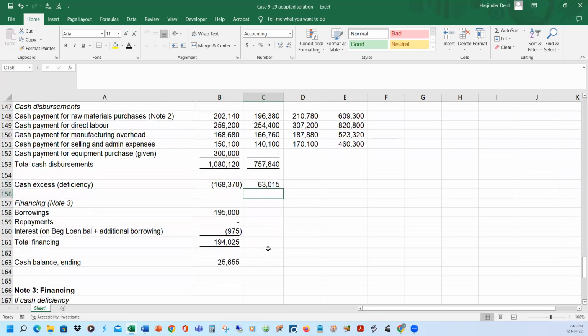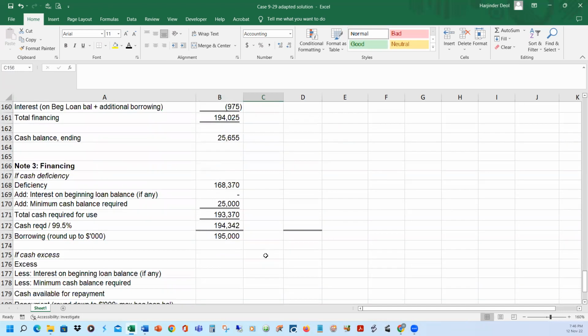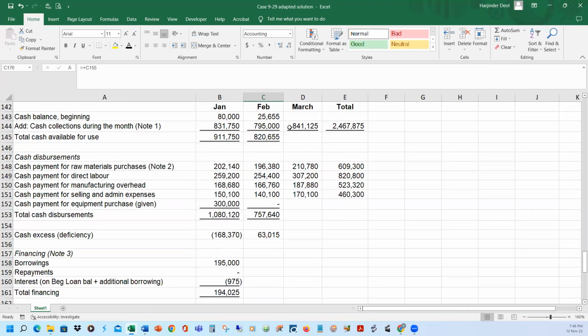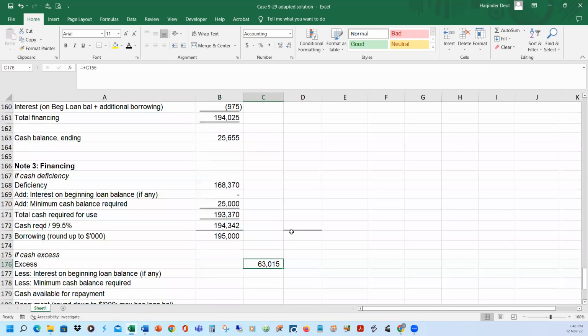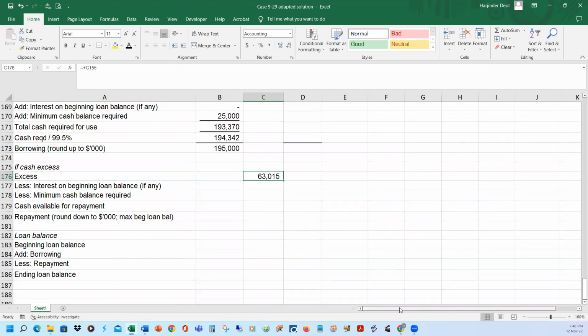So now we look at our financing. Now that we have cash excess, start with the excess, $63,015. And the first thing you want to set aside is the interest on the beginning loan balance. So for the month of February, there is a beginning loan balance. We didn't calculate that for January. Let's go back and do that.